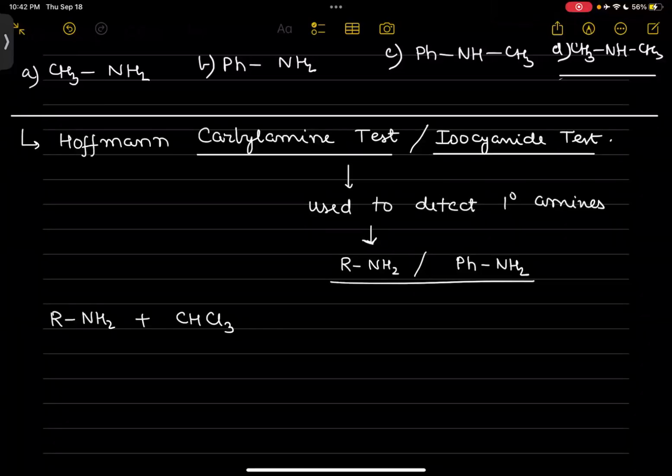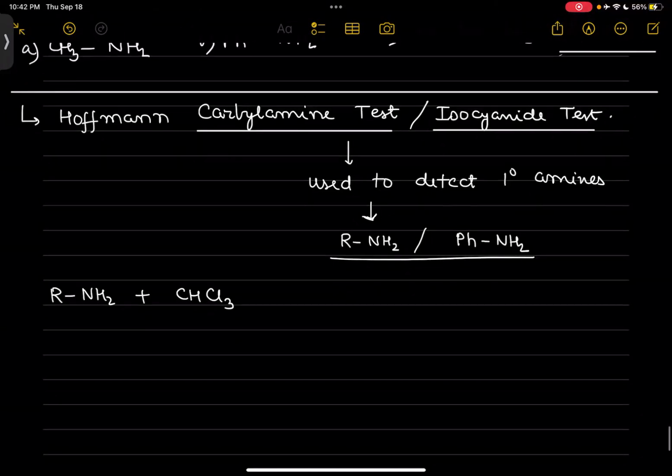Is it clear? What is this reagent? Chloroform. So you react your amine with chloroform.